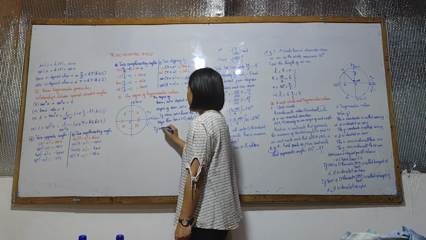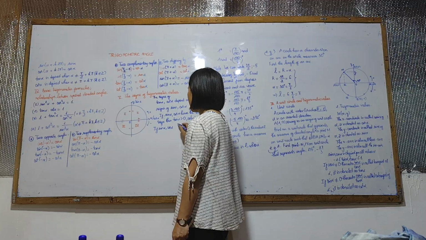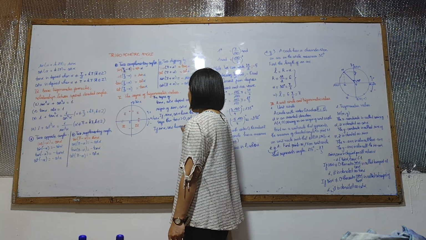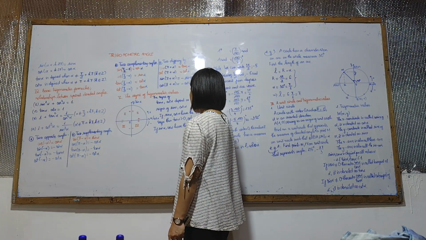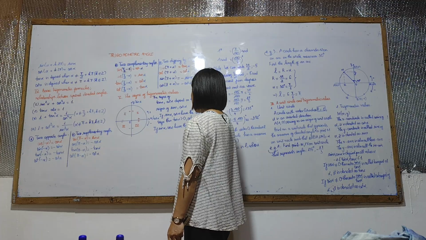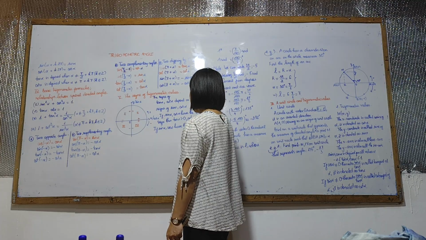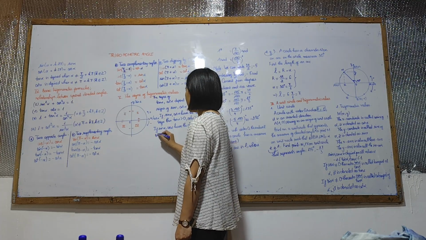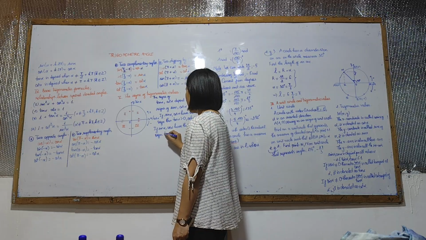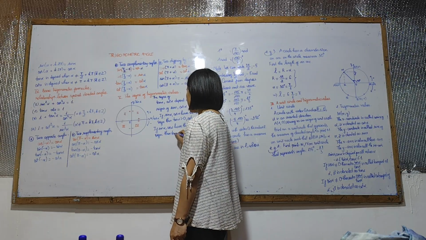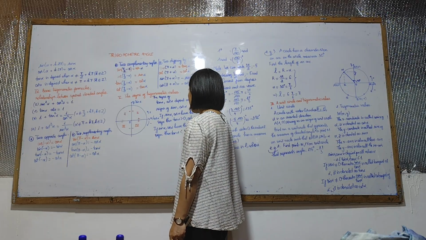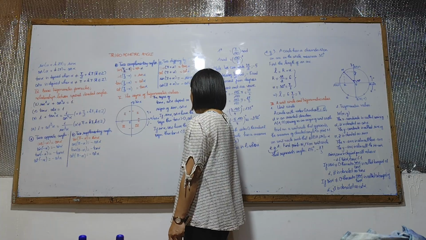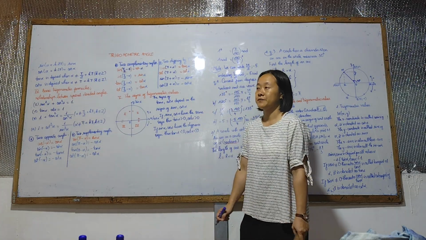If sine alpha and cosine alpha have different signs, then tangent alpha is less than 0 and cotangent alpha is less than 0.